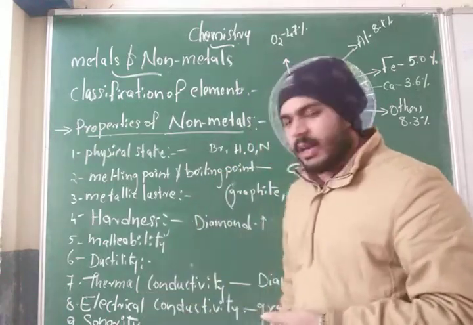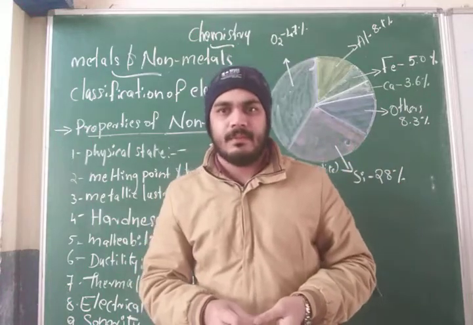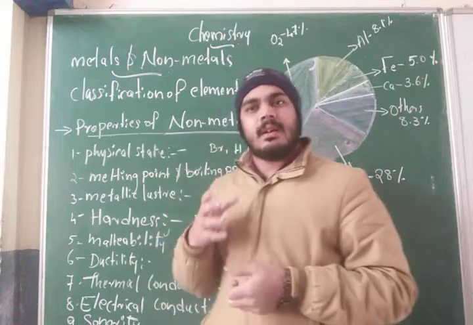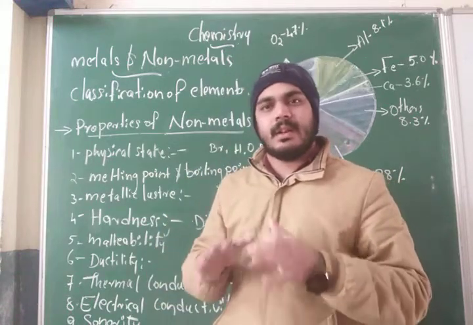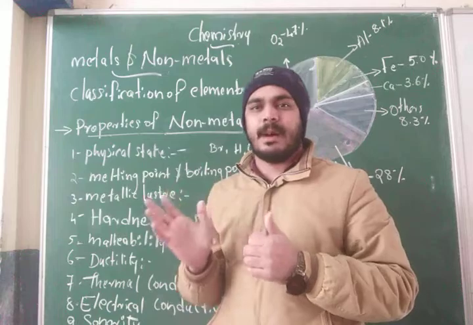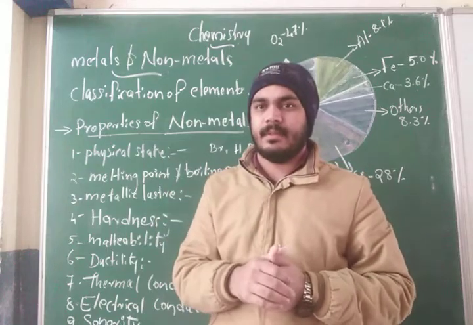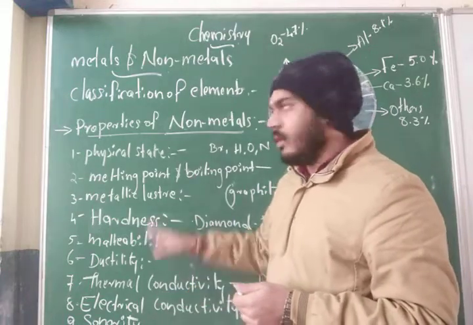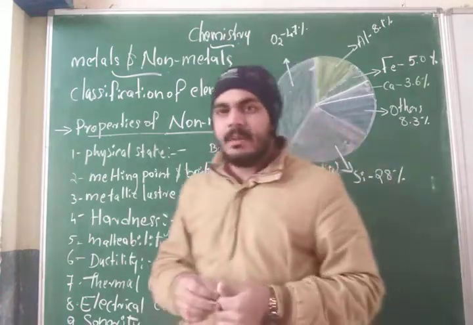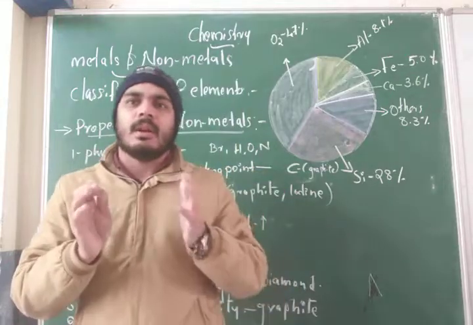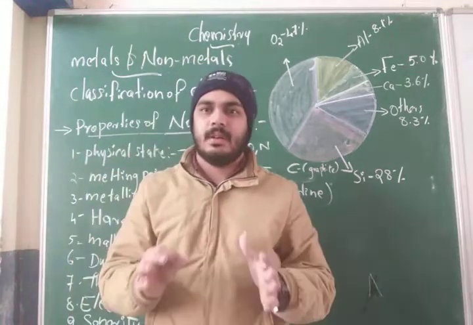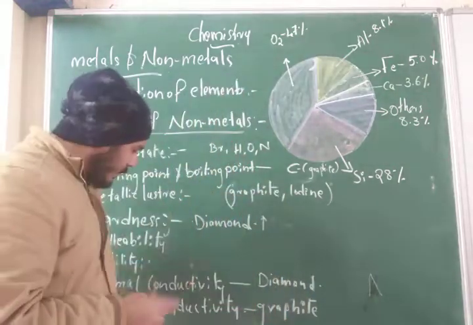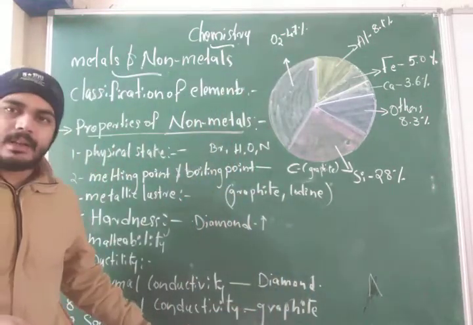So, and next one, thermal conductivity. The non-metals are bad conductors. That means they cannot pass the heat. So the thermal conductivity is bad in the case of non-metals. But exceptionally, diamond does conduct the heat. Diamond is the only non-metal that conducts the heat. And next one, electrical conductivity.